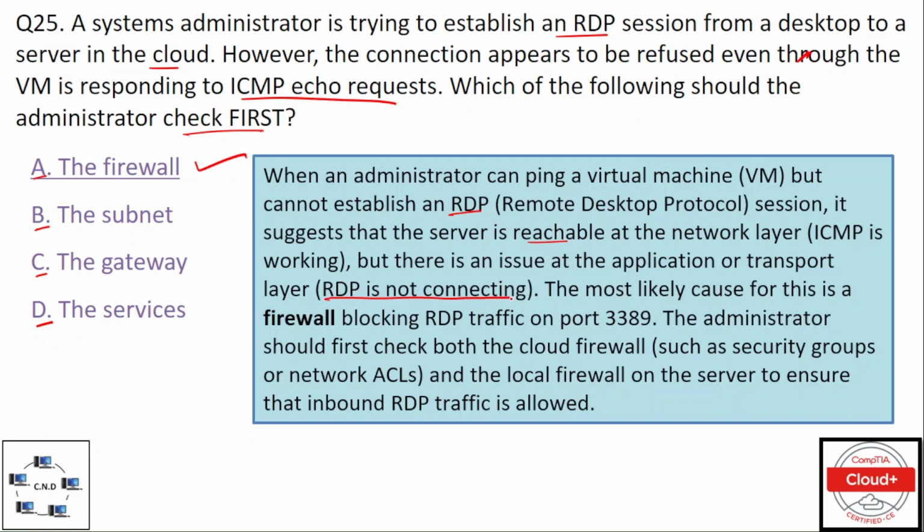The most likely cause for this is a firewall blocking the RDP traffic on the RDP port 3389. The administrator should first check both the cloud firewall, such as security groups or network ACLs, and the local firewall on the server to ensure that inbound RDP traffic is allowed.